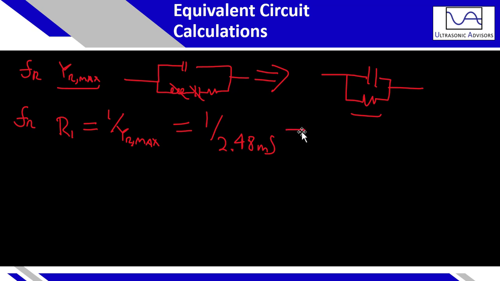This is equivalent to 403 ohms. Yep, that's R1. So we got that taken care of. Now we'll go to the second step. So this was C0, and this is R1. What is C0?